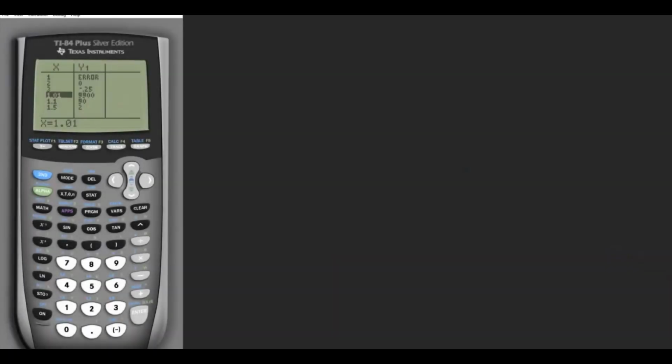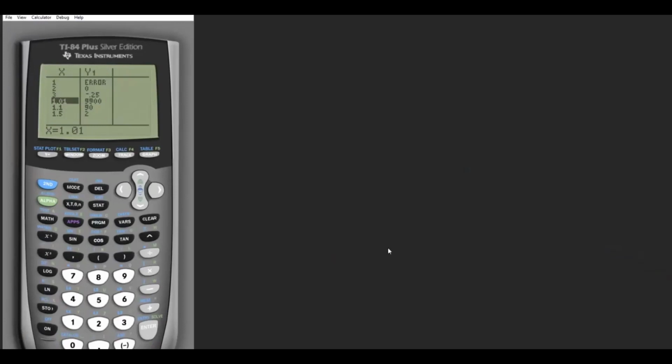So yeah, if you have your calculator, go ahead and try to follow along with what I'm doing. If you don't, you can get this emulator too. You guys see the emulator now? WabbitEmu. You can just download that emulator, and that's what it looks like.